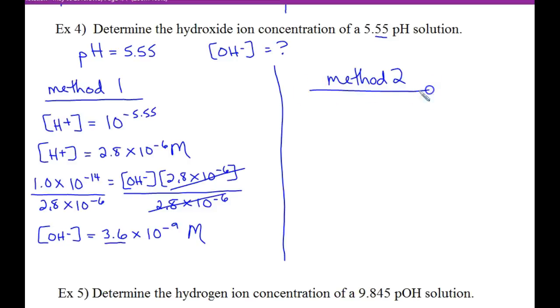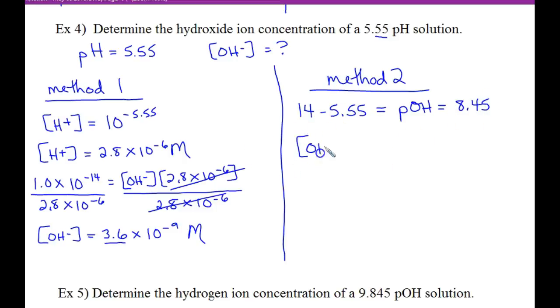Alright, so that's one way to solve it. Here's another way. You could say, well, I know pH plus pOH is 14, and if I have pOH, then I can get hydroxide. So we'll say 14 minus 5.55 gives us pOH, which is 8.45.